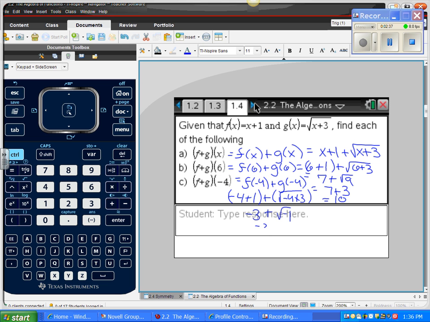Square root of negative 1, hopefully you remember, is i. So we get negative 3 plus i. So hopefully you guys remember how to do that, and that's not a big deal.